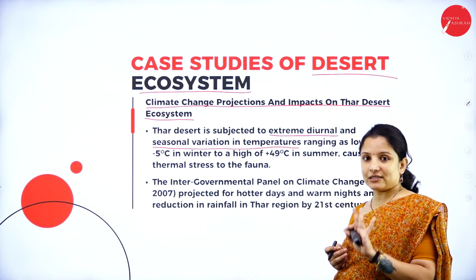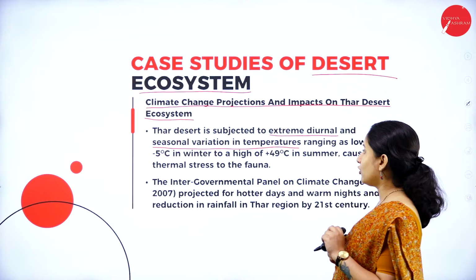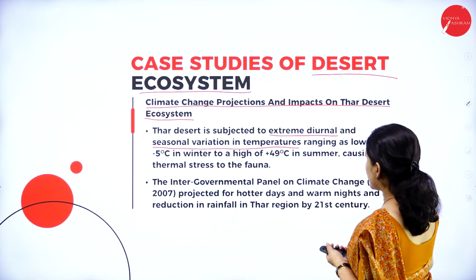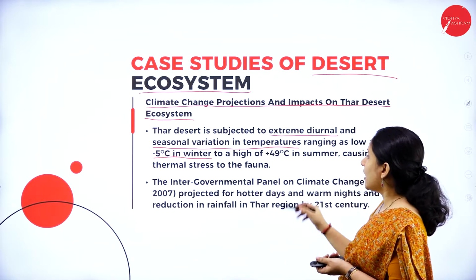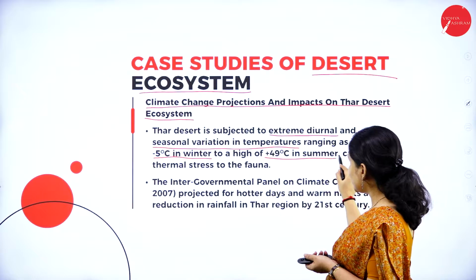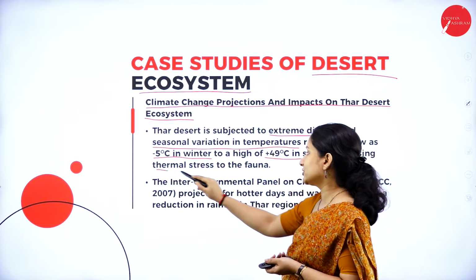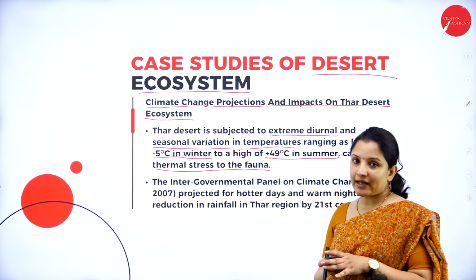Days are extremely hot and nights are extremely cold. They have a seasonal variation of temperature ranging from -5 degrees Celsius in winter to more than 49 degrees Celsius in summer, causing thermal stress to the fauna, that is the animal population.